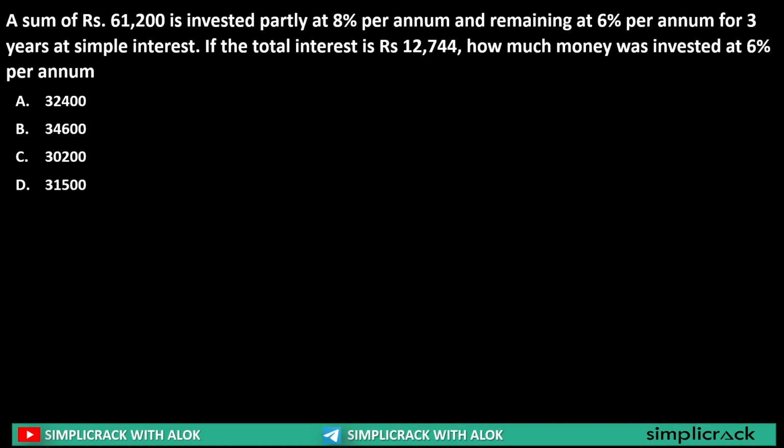Sum up rupees 61,200 is invested partly at 5%, 8% per annum and the remaining at 6% per annum for 3 years at simple interest. If the total interest is this much, then how much money was invested at 6% per annum? See, here we are seeing that the total interest 12,744 over 61,200.